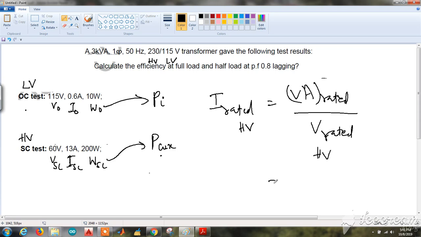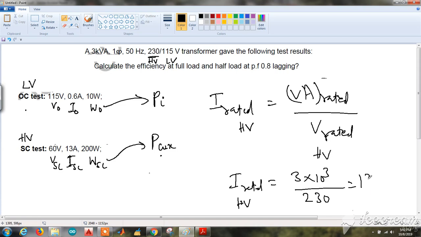The VA rated is given as 3 kVA, so 3 into 10 power 3. And V rated at HV side is what? 230 volts. So write 230. This will give the I rated, the value of current at HV side, which is equal to 13 amperes.